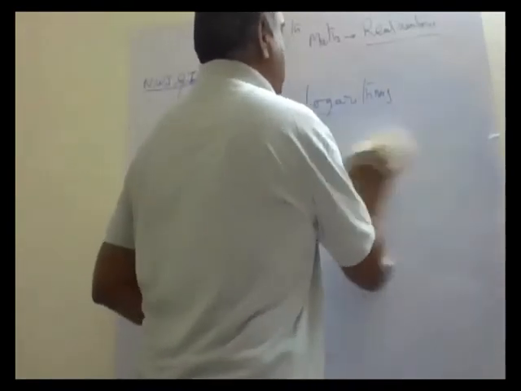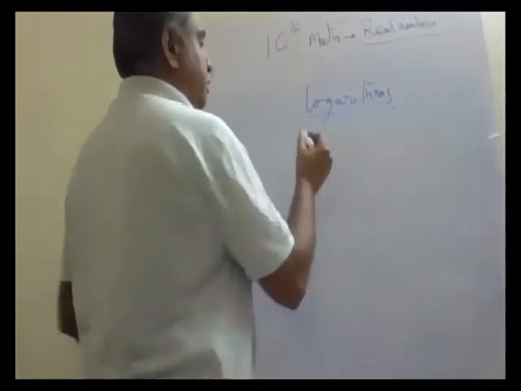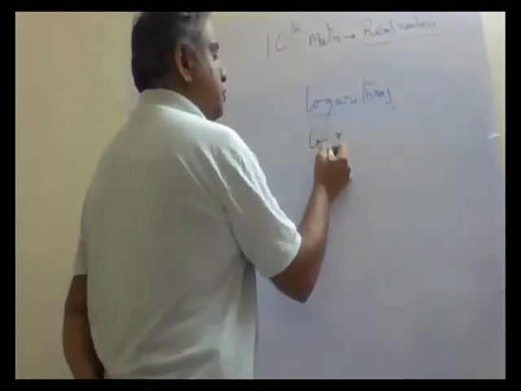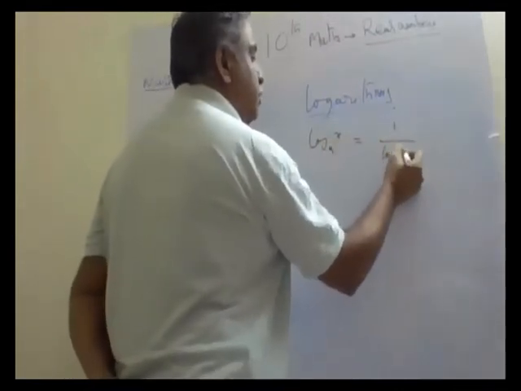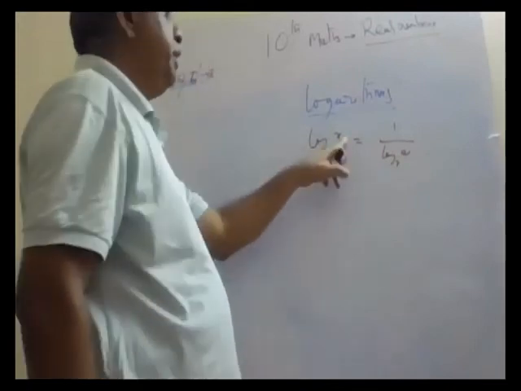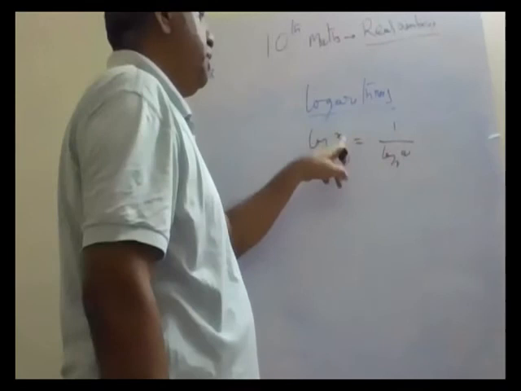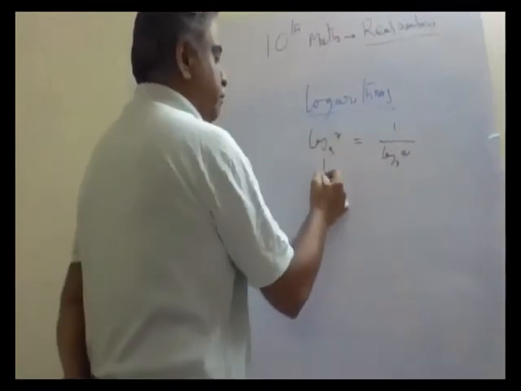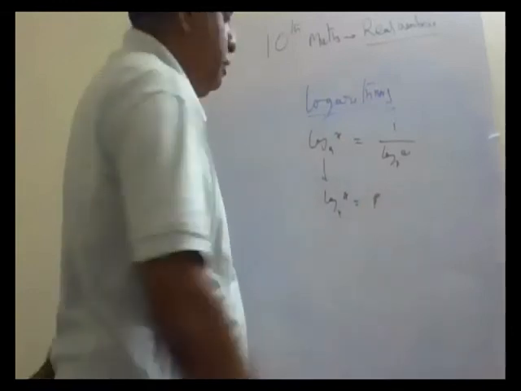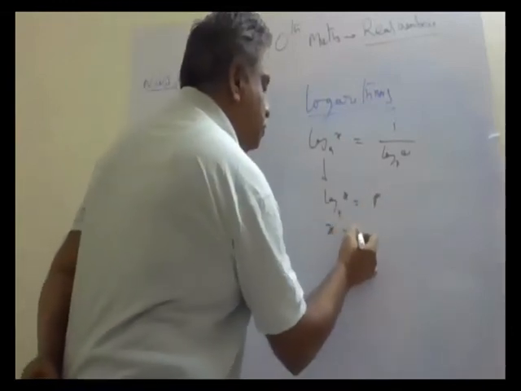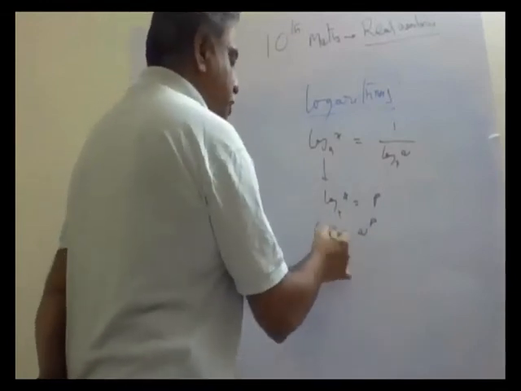Now you see one more property. Log of x to base a is equal to 1 by log of a to base x. Here main and base interchange. Let us see how this property comes. Let log of x to base a be equal to p. Then as per expansion, x is equal to a to the power of p. Then I raise both sides to the power of 1 by p.